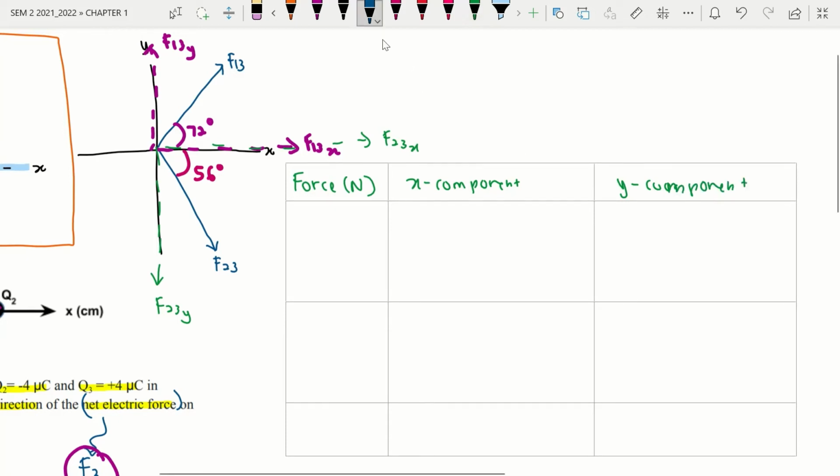Okay, let's do one by one. So we'll do F13. F13x will equal F13 cos theta. Why? Because your angle is at the x-axis. It is adjacent to the x-axis, so it is cos.